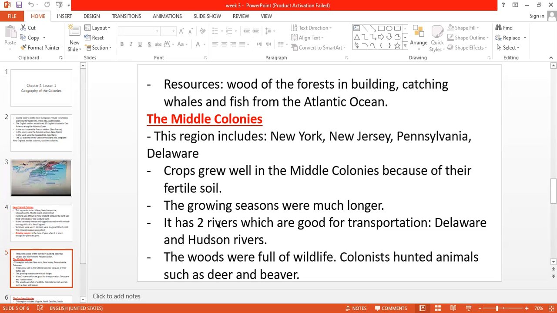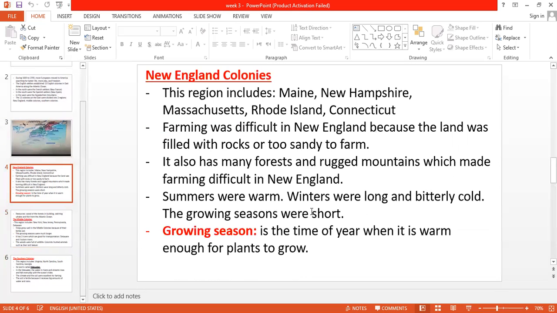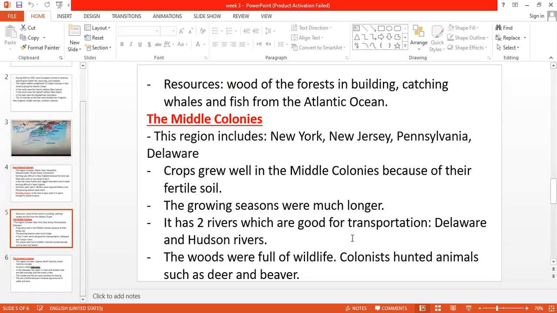Also, what happened? The middle colonies have two rivers. They are the Delaware River and the Hudson River. And of course, the rivers provide water, okay, and that's good for farming. The woods were full of wildlife, so colonists hunted animals such as deer and beaver.